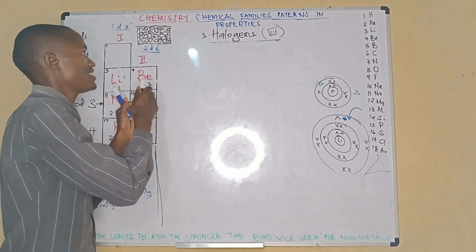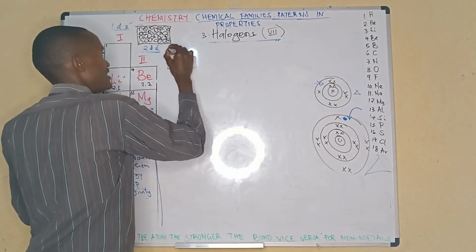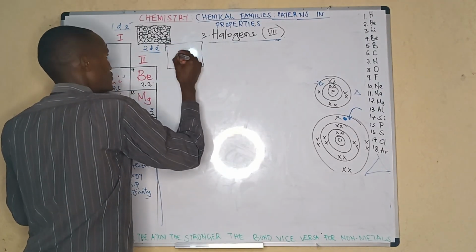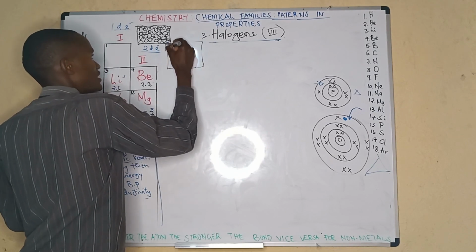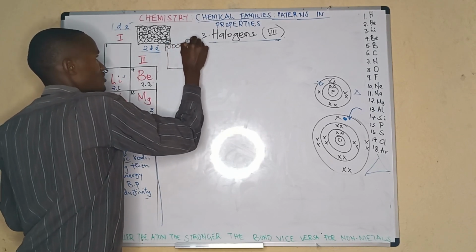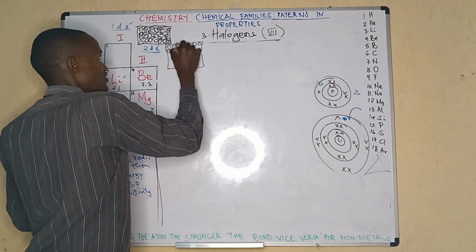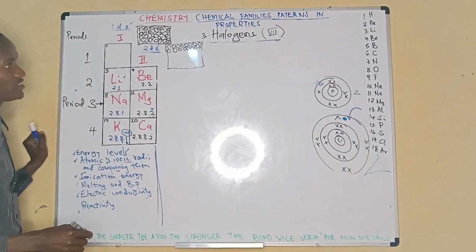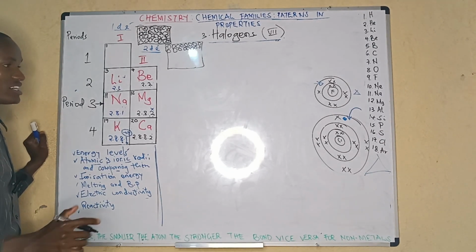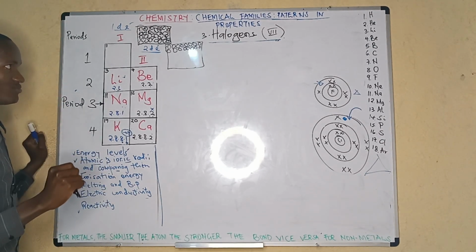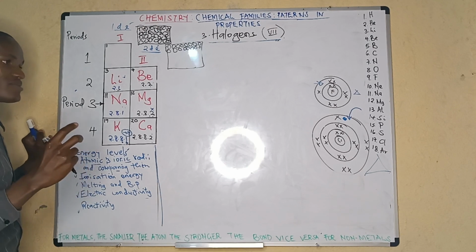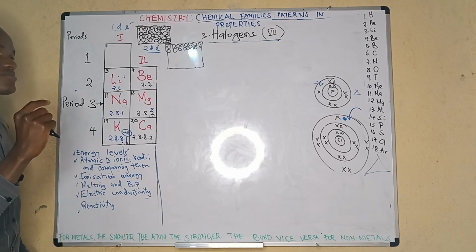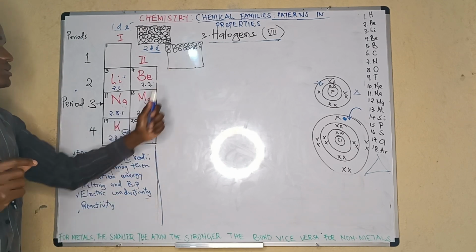We said if the atoms are very small, it means a stronger bond, like for lithium. The bond is very strong, because that was the first factor affecting the strength of a metallic bond, the size of the atom. If the atom is very small, it means a strong metallic bond.